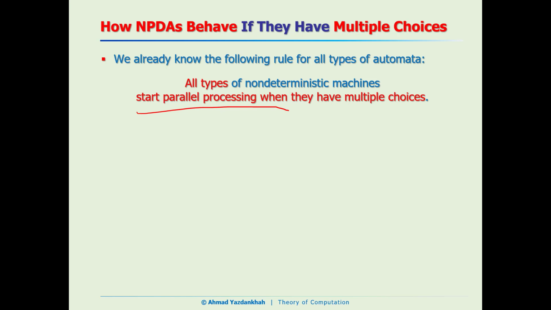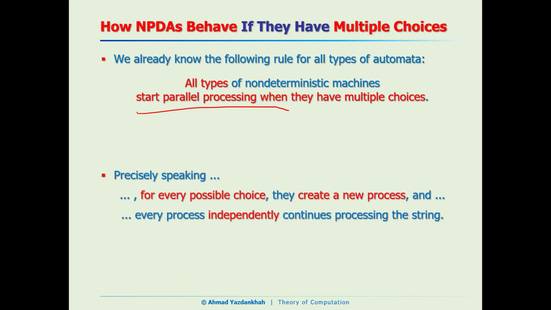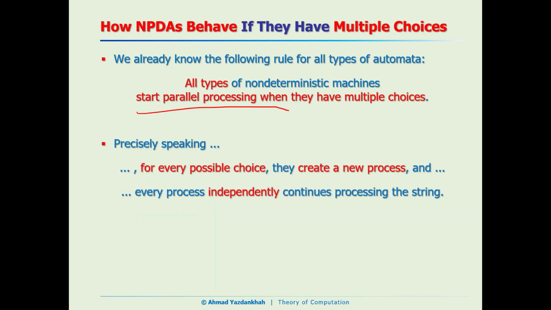And this is the same rule which is valid for the NPDAs as well. If you want to be very precise, then we would say that if we have multiple choices, the machine starts creating new processes, and that is exactly the same as NFAs, right? I will explain that in a few minutes, but every process starts processing the string independently.